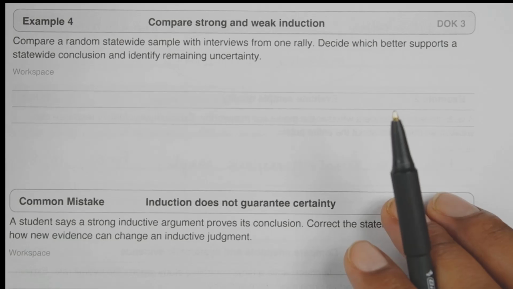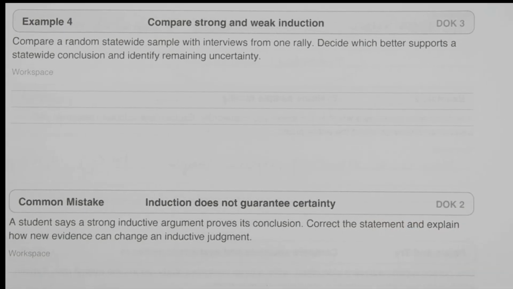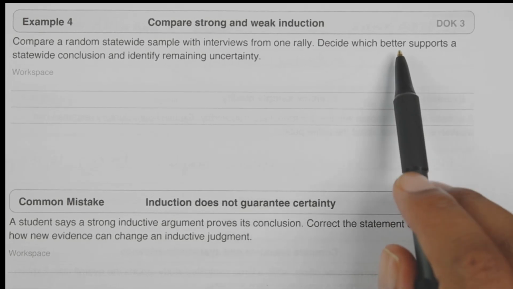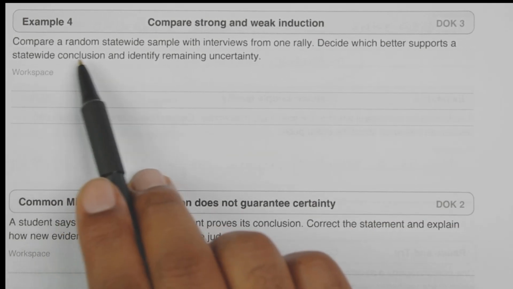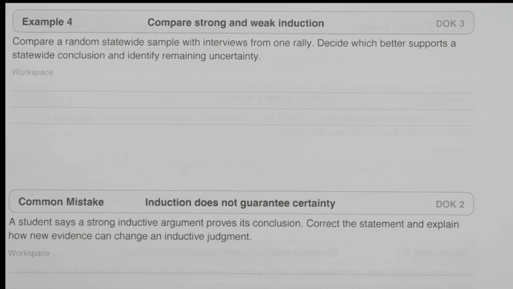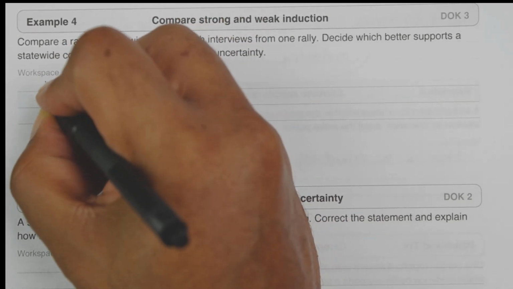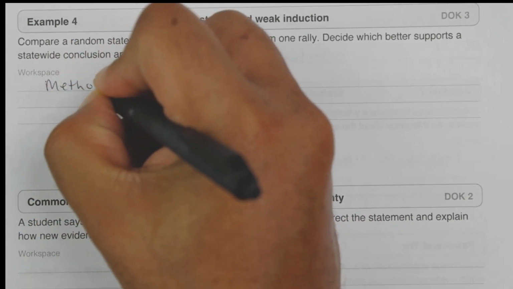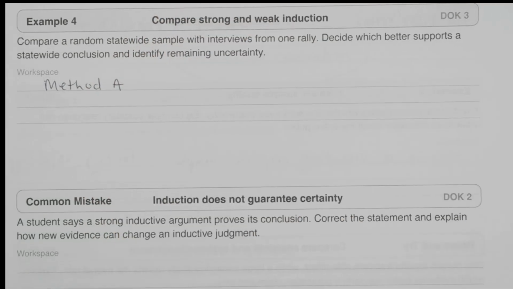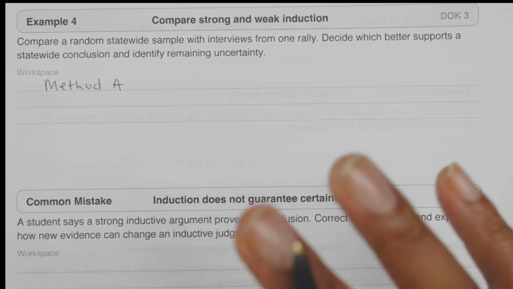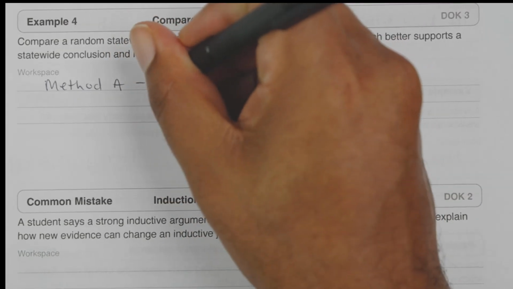This is how to compare weak and strong inductions. Suppose we want to know what voters across a state believe. Decide which better supports a statewide conclusion and identify remaining uncertainty. So for example, let's say method A: we use a random statewide sample.